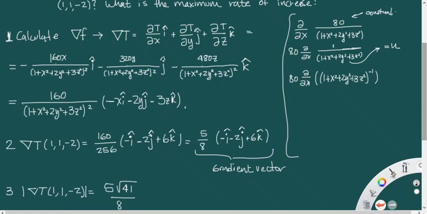So this is how we can get rid of this numerator and denominator. So we can change that with u. So that's going to be equal to u to the minus 1, which is this part, u to the minus 1. And this 80 is a constant, so we keep that on the left. And now we have this a little bit easier to deal with. Okay.